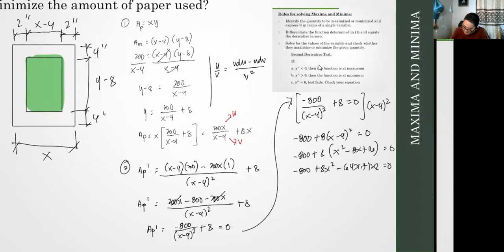Simplify ulit natin. 8x squared minus 64x minus 800, so, minus 672 is equals to 0. So, divisible by 8 yung lahat ng function. This is x squared minus 8x minus 84 is equals to 0.